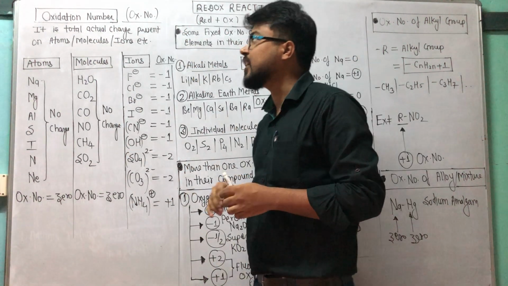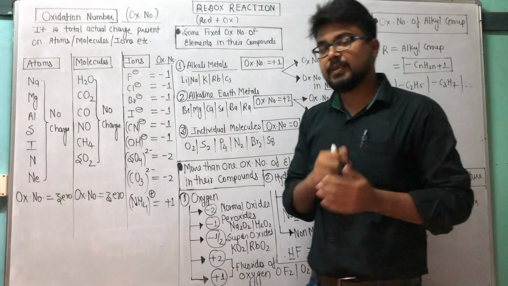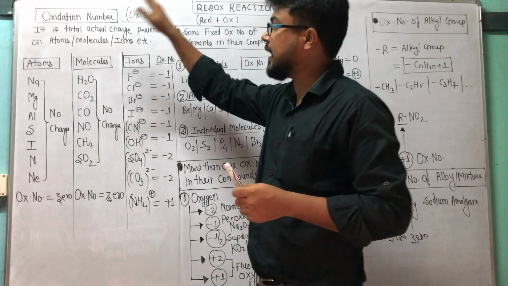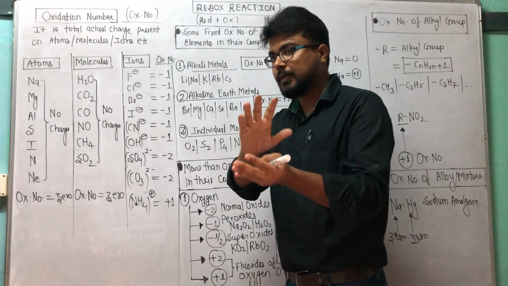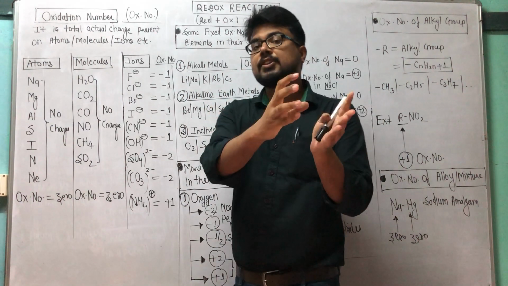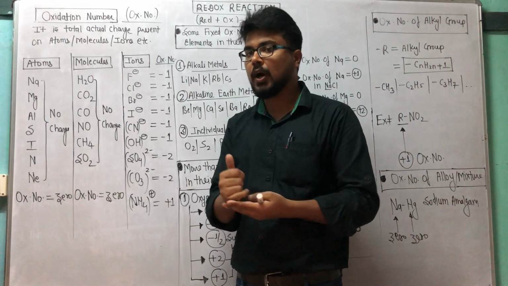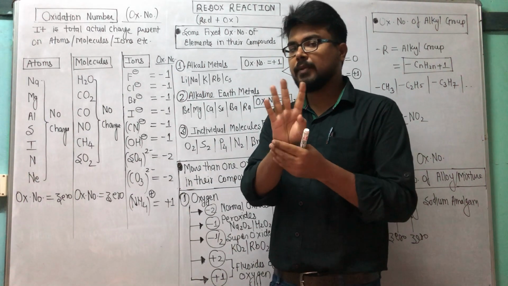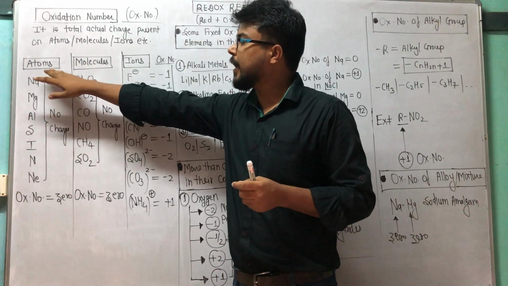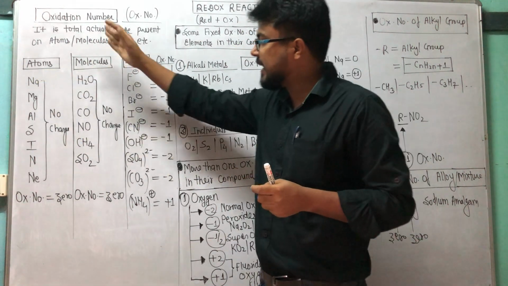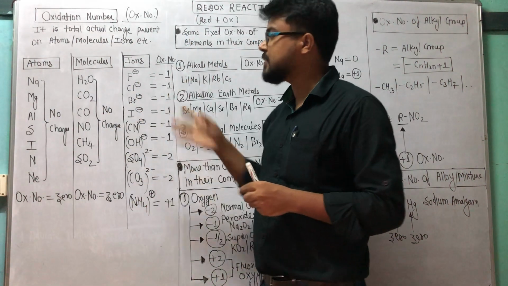Oxidation number is the total actual charge present on a species, and a species can be an atom, molecule or ion. In chemistry we will prefer three species: atoms, molecules and ions.